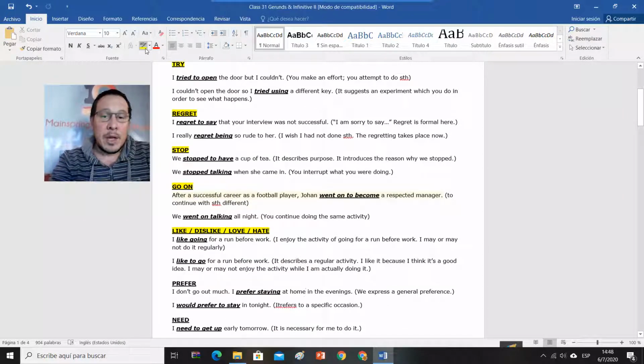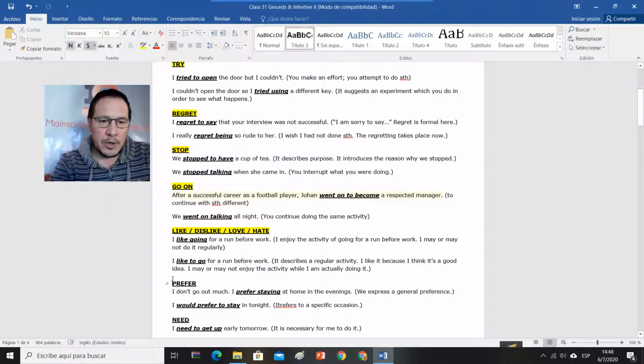For instance, some people, as soon as they receive their salary, like to pay their bills. It doesn't mean that they enjoy paying the bills, but they do it as a regular activity because they think it is a good idea to pay the bills as soon as they get their salary.